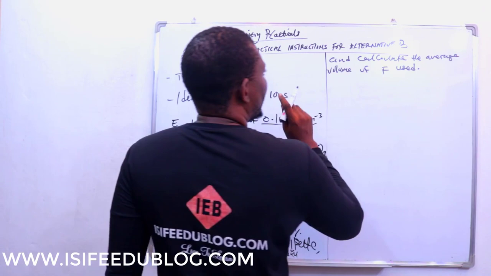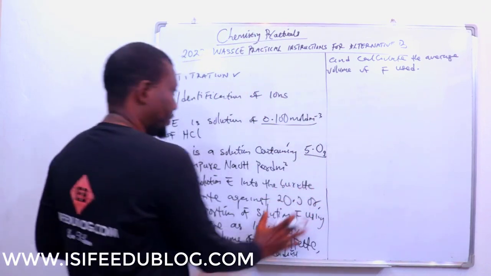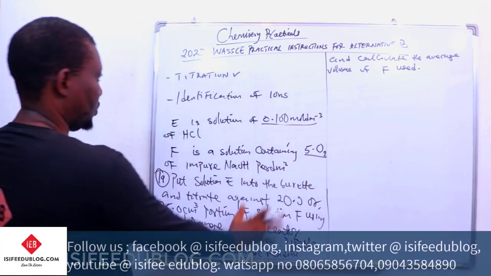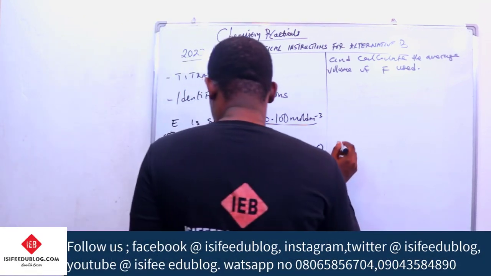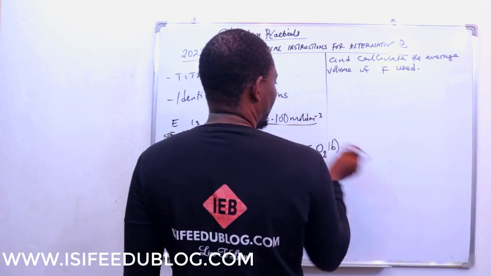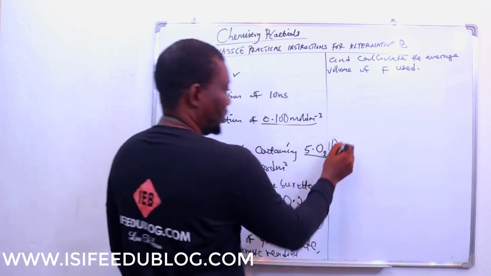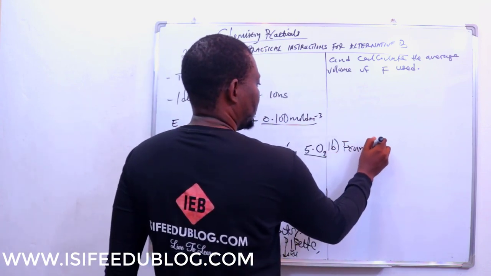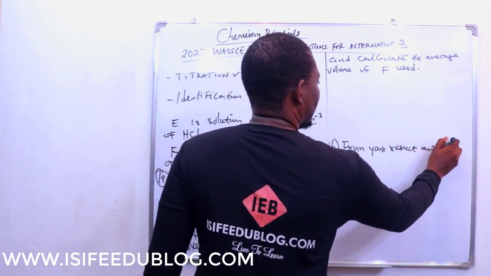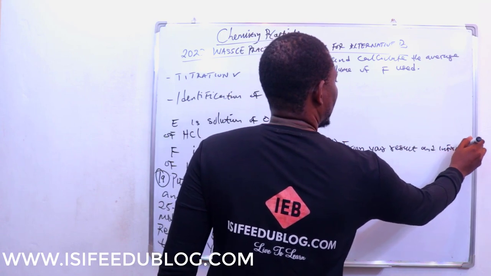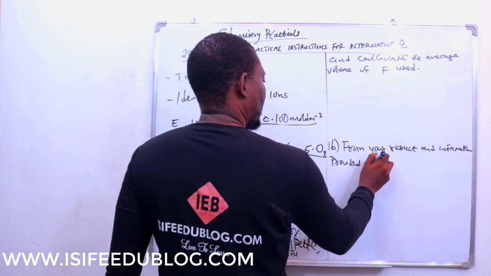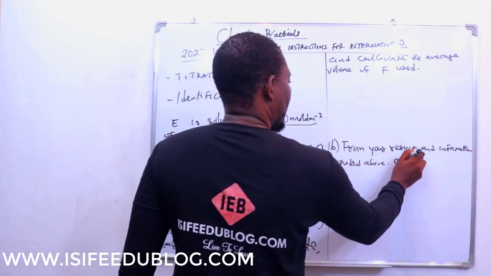Then we leave this space to solve this particular question, and then go to question number 1B, which they will ask this way: from your results and information provided above, calculate.